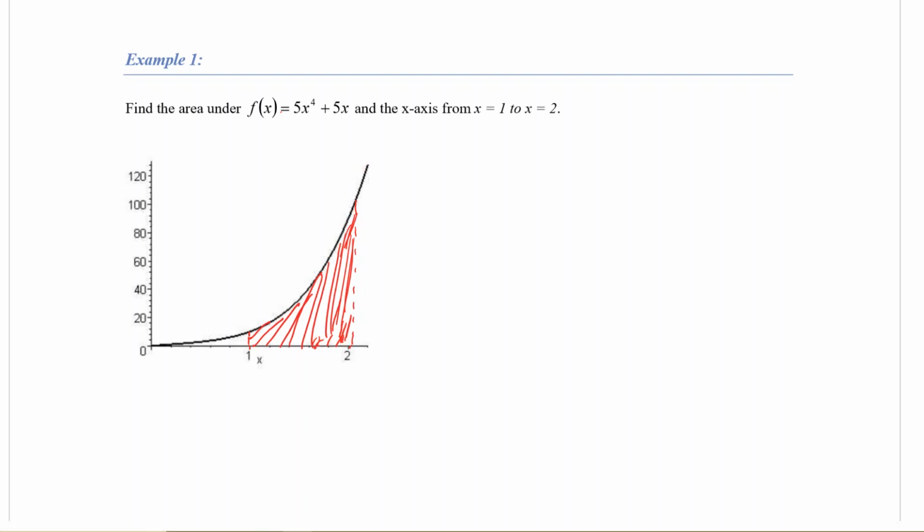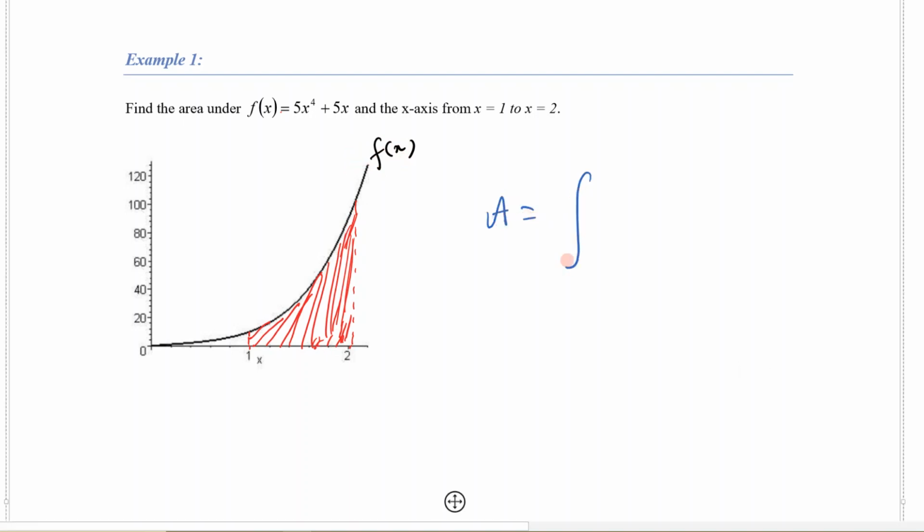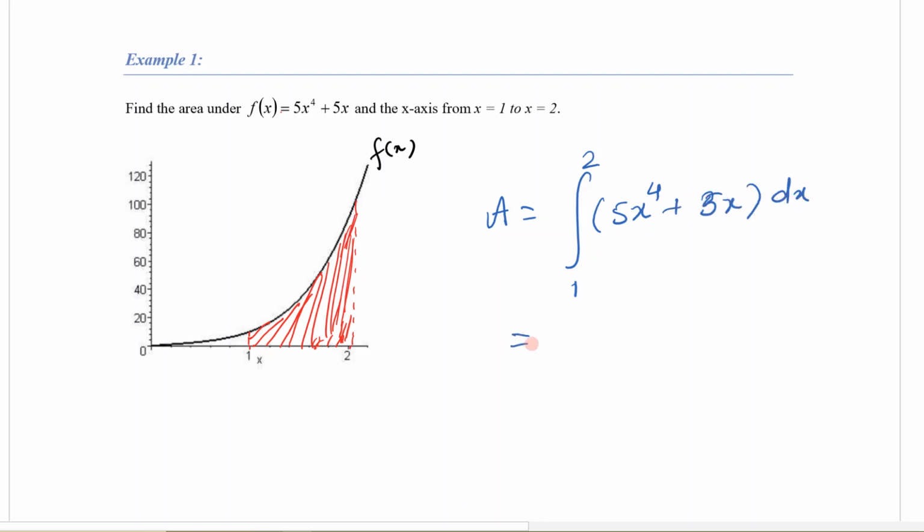We know that area is given by the definite integral, so the integral from 1 to 2 of f(x) dx, where the function in this case is 5x^4 + 5x dx. Using the power rule, the integral of this would be x^5 over 5 plus the integral of 5x, that would be 5 times x^2 over 2, and then we have the limits from 1 to 2, and we do upper limit minus lower limit.